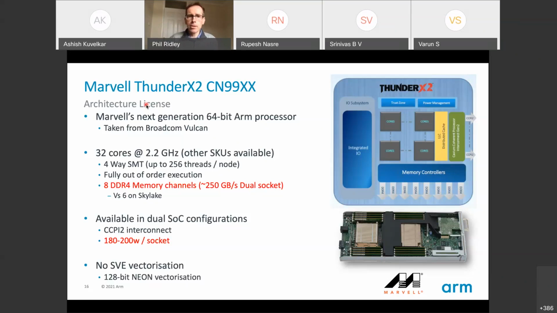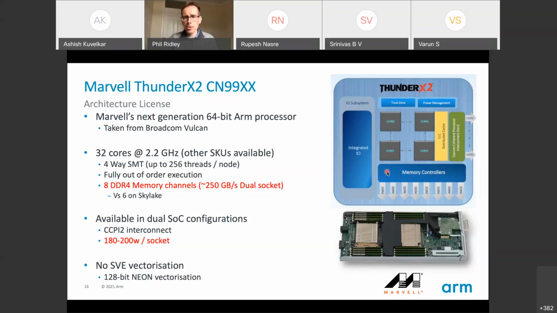So one feature is that it's got 8 memory channels, and what this does is make it a very powerful CPU from that aspect, and you can get some really good performance with STREAM. So we've seen here that it's 256 gigabytes per second, or around, not quite that figure, but around that. And that competes very well with Skylake.